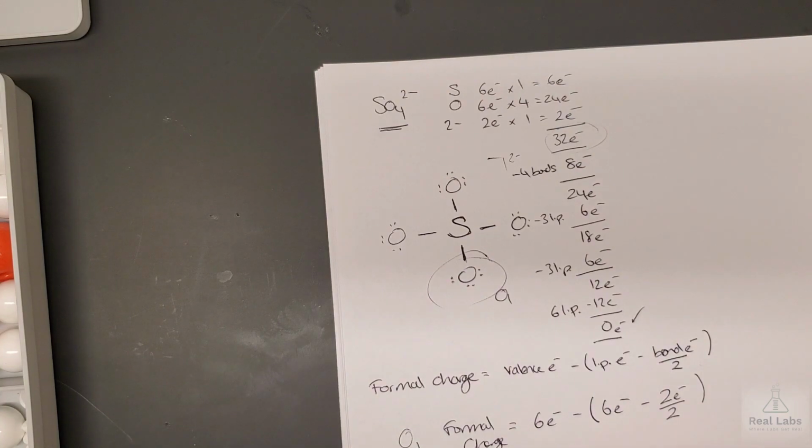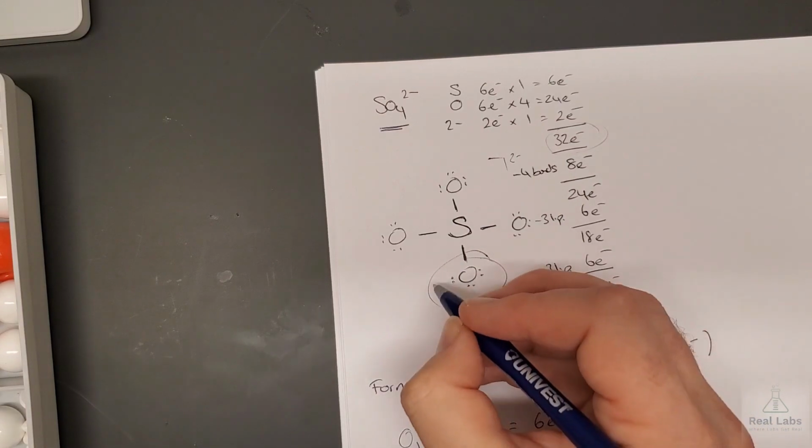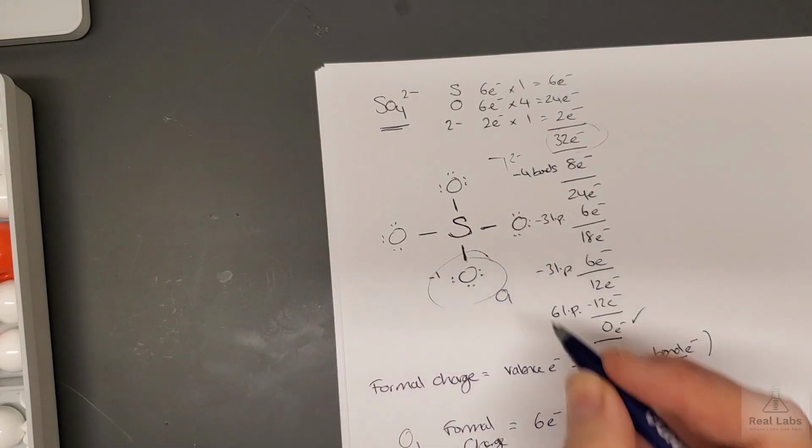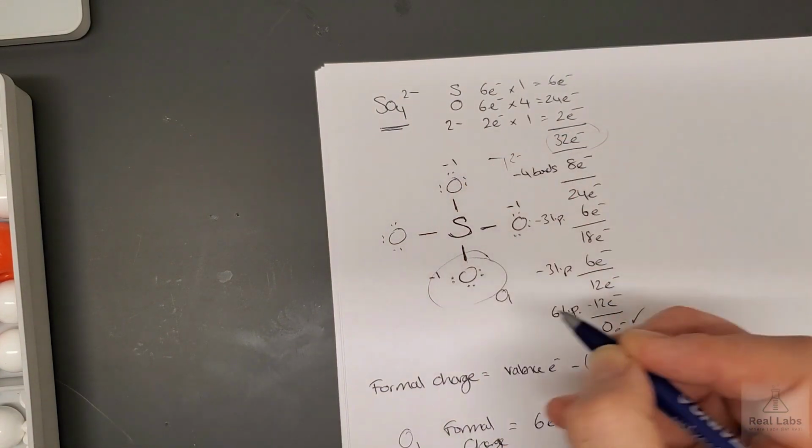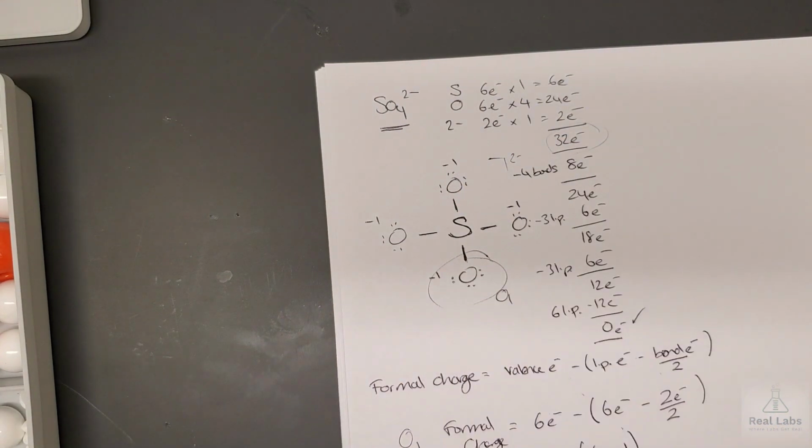So it's going to be 6 minus 6 minus 1. 6 minus 7 is equal to a formal charge of minus 1. So technically this oxygen has a minus 1 charge, and since all 4 of these oxygens are the same, each of those has a minus 1 charge.